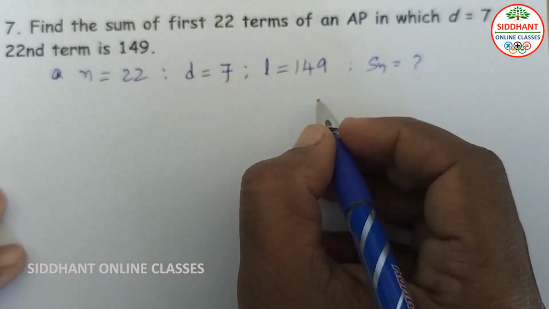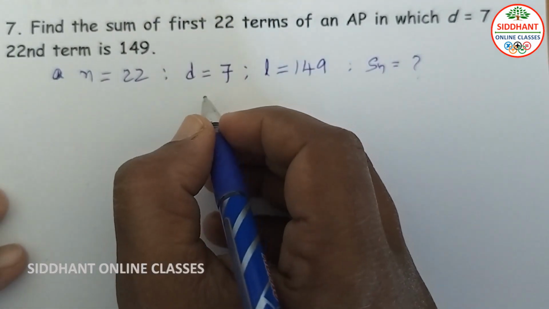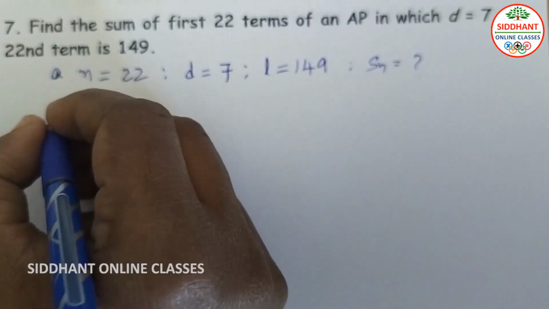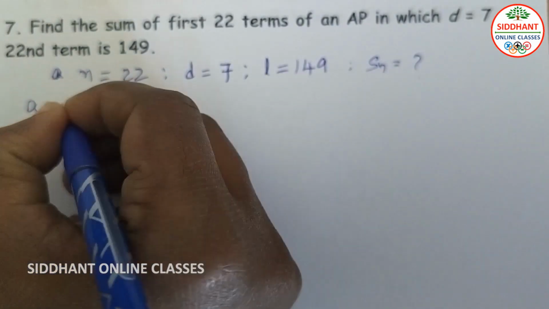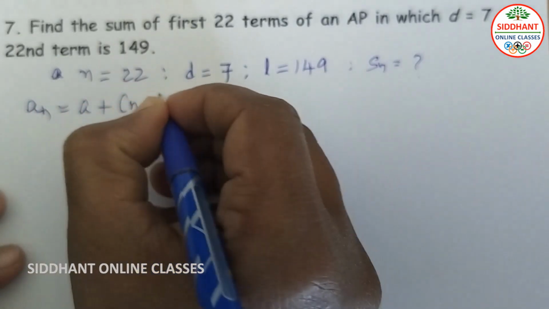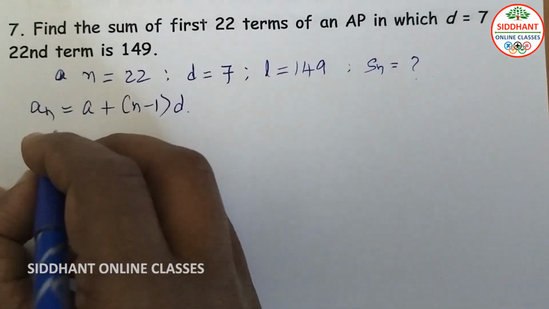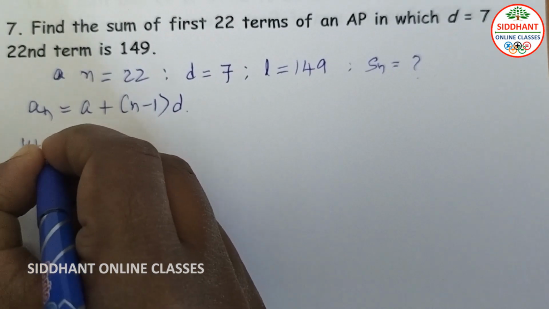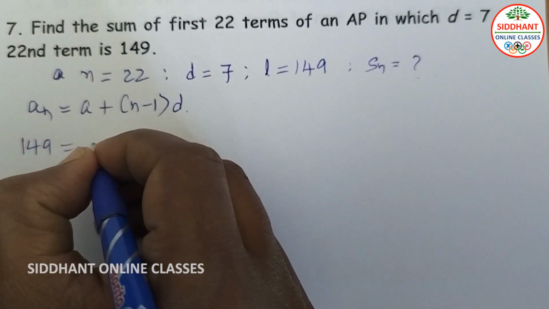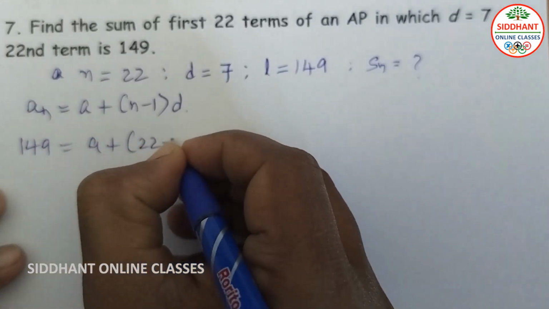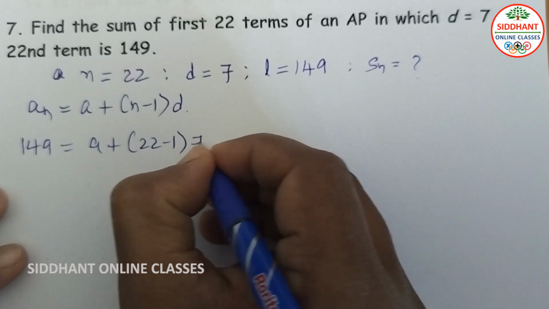So first we are going to find the a value, after that we are going to find out the sum. So we know an equal to a plus (n minus 1) d. an which is given 149, that equal to a plus (22 minus 1), and d is 7.